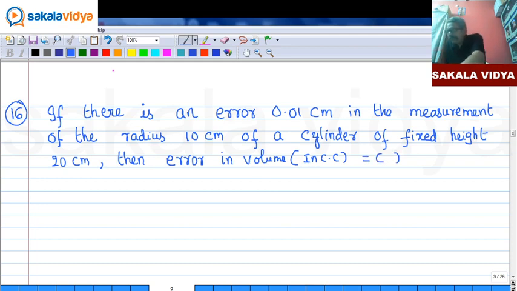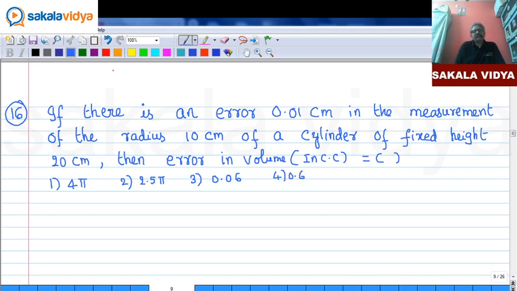First option is 4 pi, second option is 2.5 pi, third option is 0.06, fourth option is 0.6.